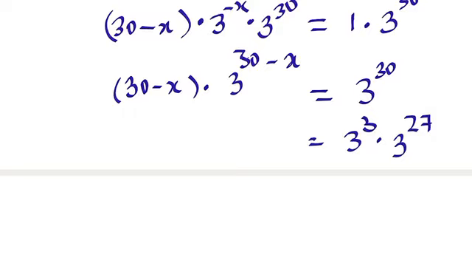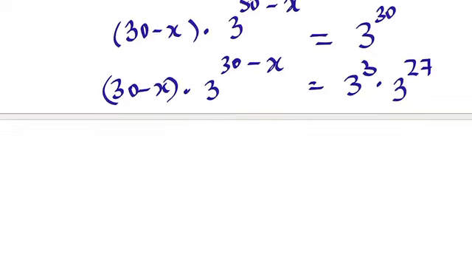If you split like that, you see that 3 plus 27 will give us 30. So we have 3 to the power of 30 minus x.